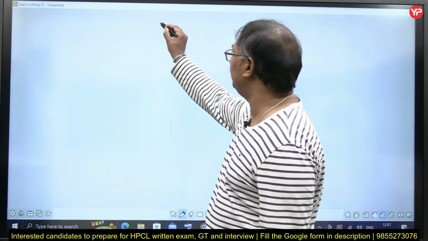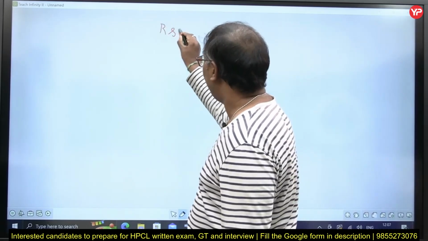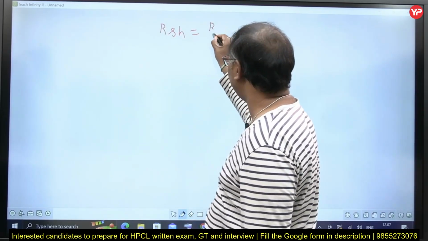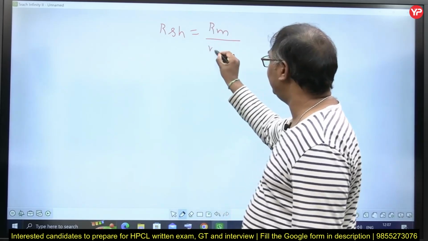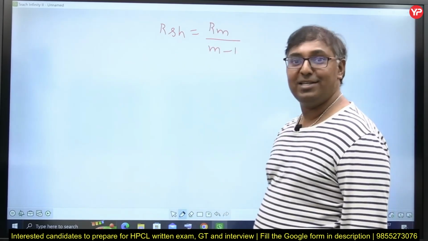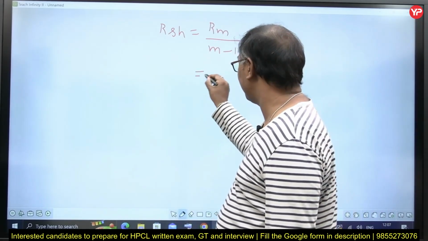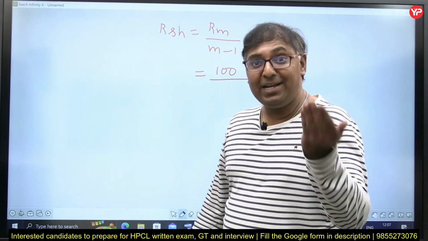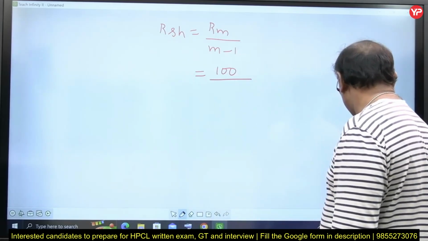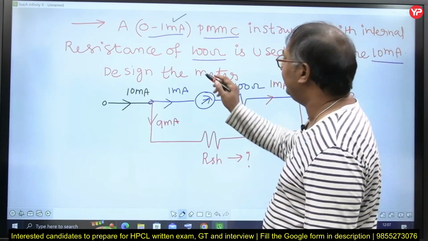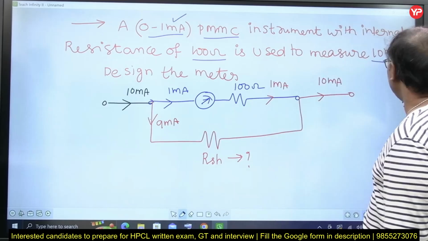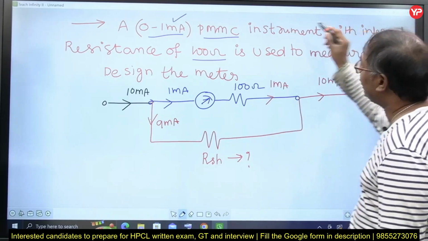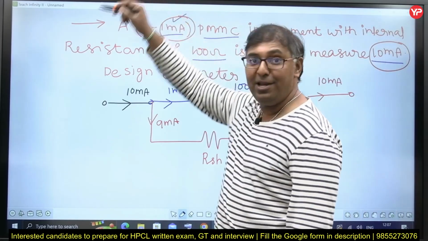Or directly you can also apply the formula. RSH equals RM by M minus 1. What is RM? 100 ohms. What is M? Required current by available current. Required current is 10 milliamperes, whereas available current is 1 milliampere.